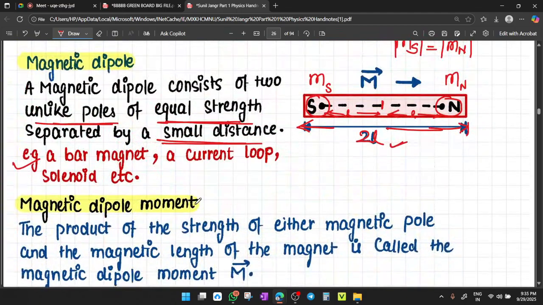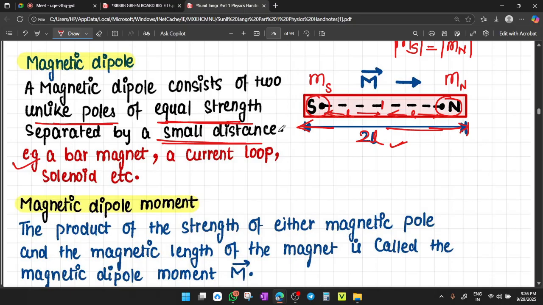Clear? So this arrangement, this configuration is called a magnetic dipole, in which two equal and opposite pole strengths, or you can say magnetic poles, are kept very near to each other. Then a very important physical quantity is related to every magnetic dipole. That is called magnetic dipole moment.